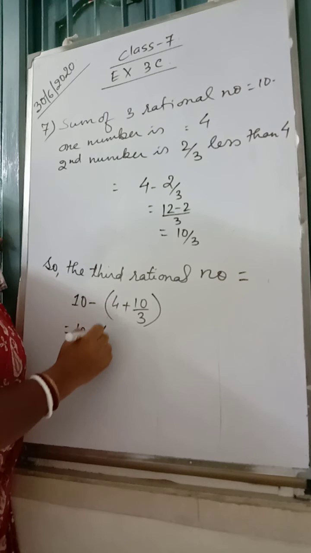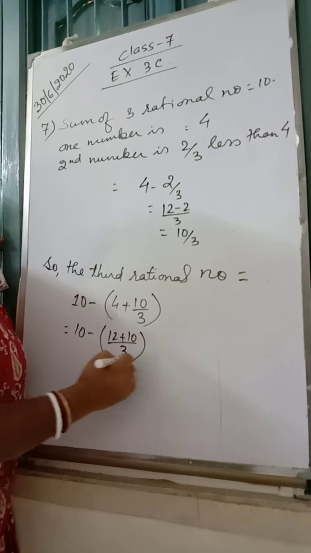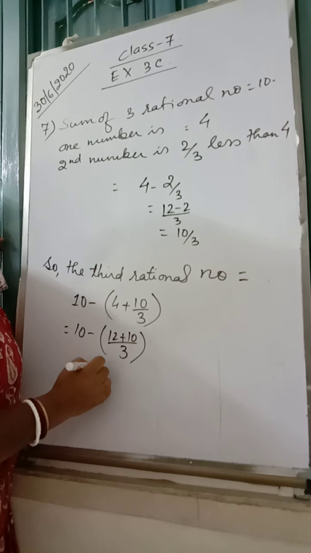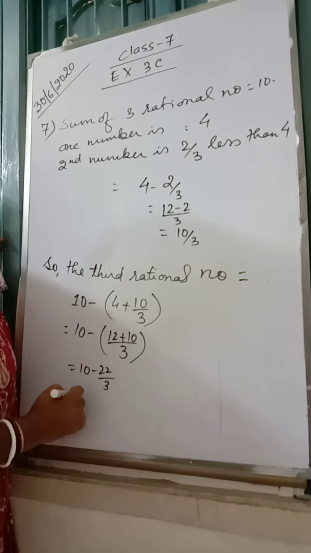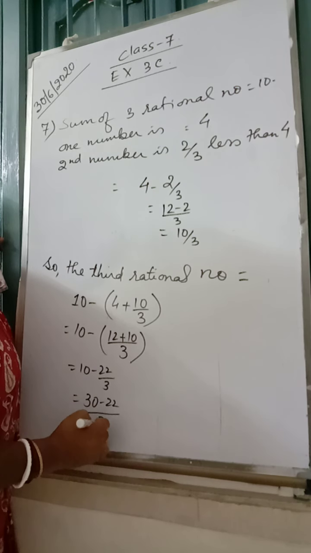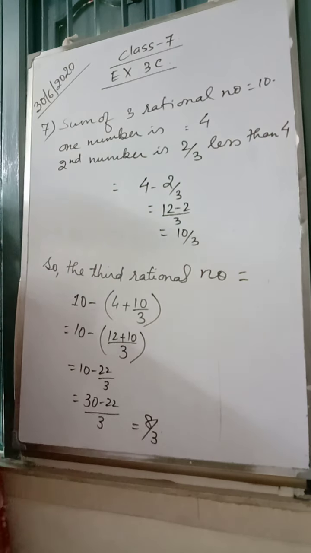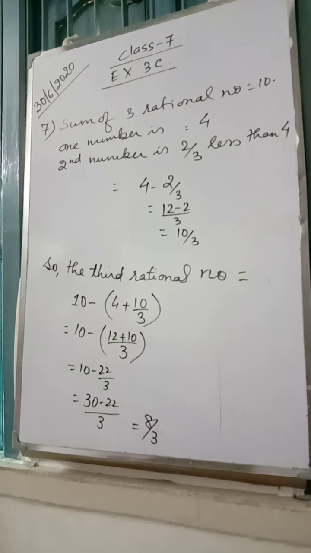This gives you 10 minus 12 plus 10/3, or 10 minus 22/3, or 30 minus 22 over 3, which is equal to 8/3. This is the third number. Please write it. We had the sum of three numbers, then we had two numbers given to us, and then we have got the third number. Okay.